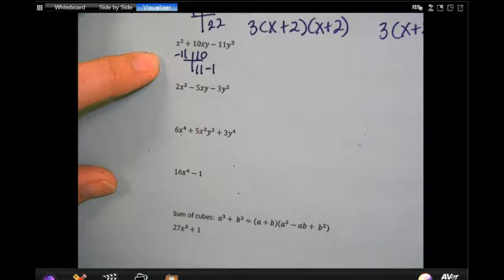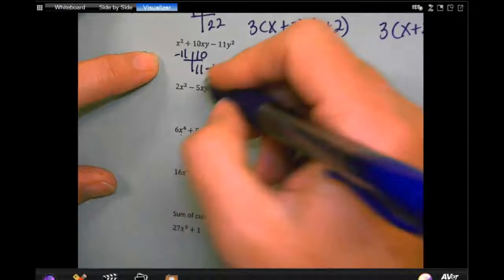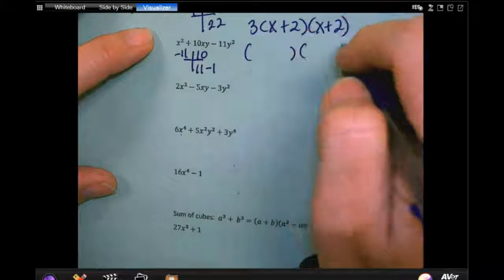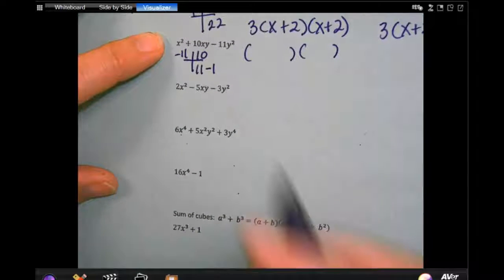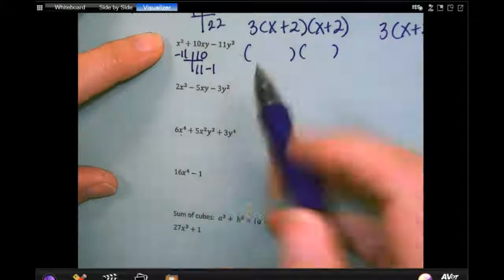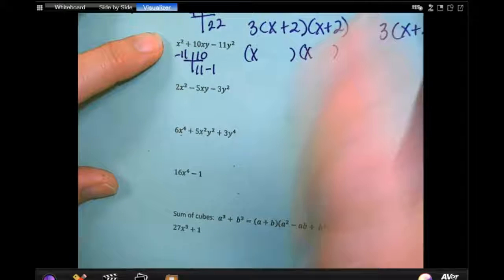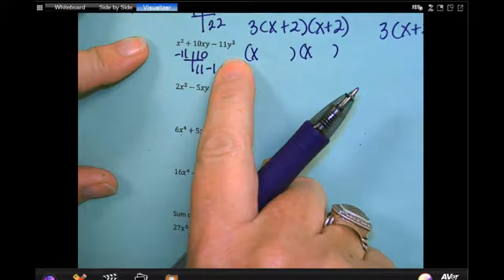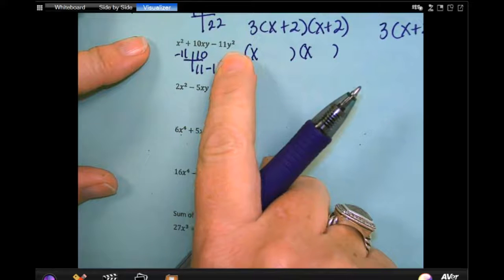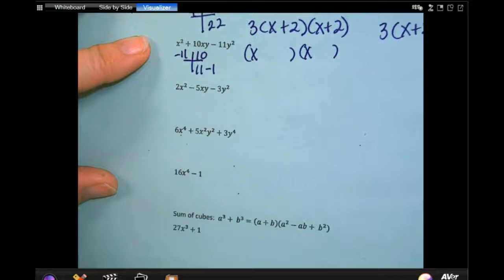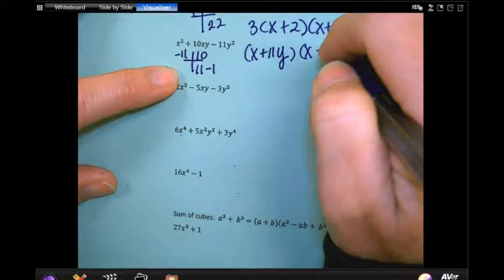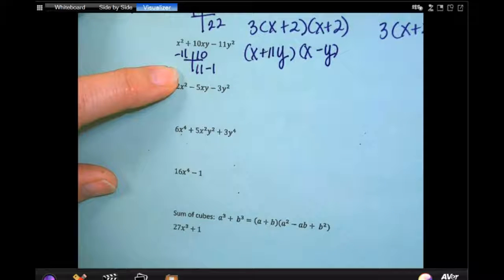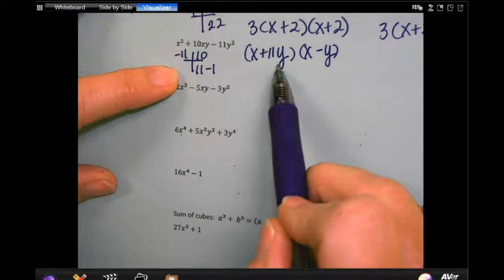All right, now here's my question. So when I do this, I take the x, and it's x squared. What do I write down here? X and x, right? So what would I multiply to get y squared? Just the y and the y, right? So if I put plus 11y minus 1y, let's check.